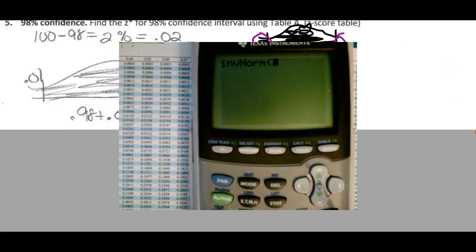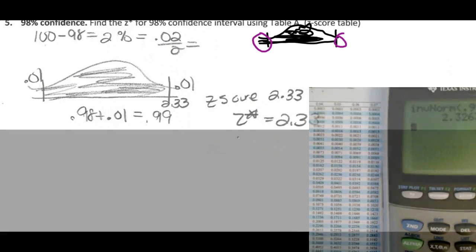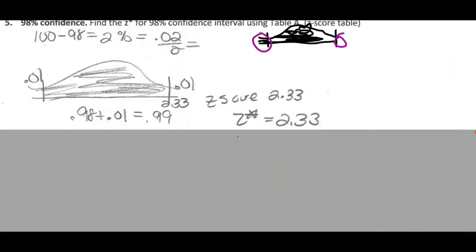You still have to do that math, and I'm putting in 0.99. That gives me a z-score of approximately 2.33 if I round to the second decimal place. So using the calculator, I was able to find the same z-score that I found in my table. Okay, so that's my z-crit value.